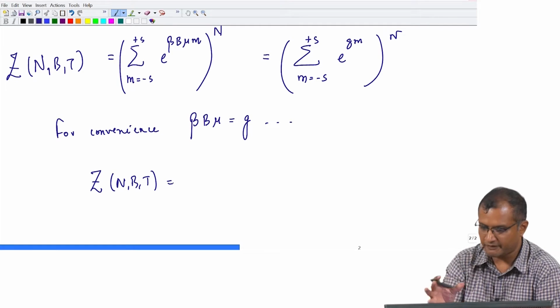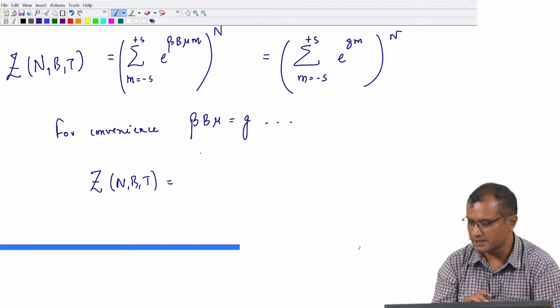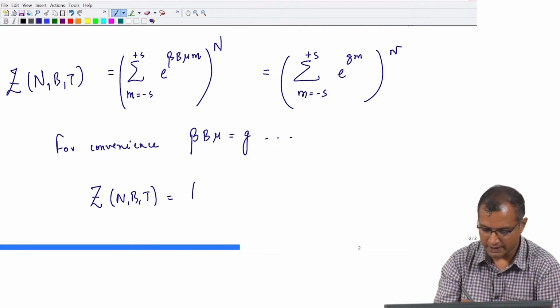Then I can write down my partition function as nothing but, if I expand it, I will get terms, I will write down a few terms here.